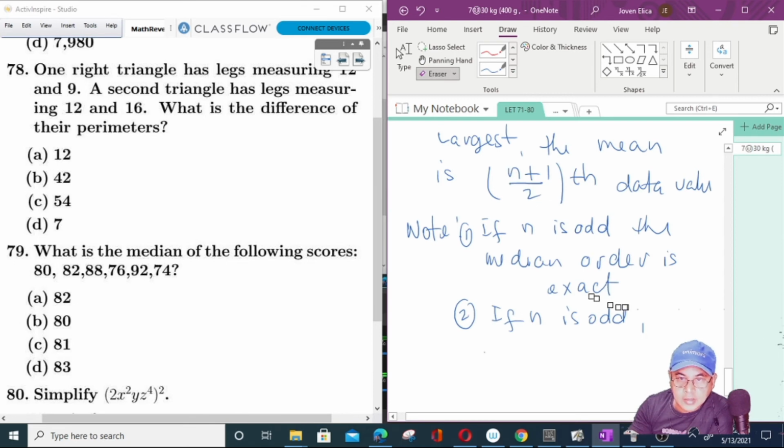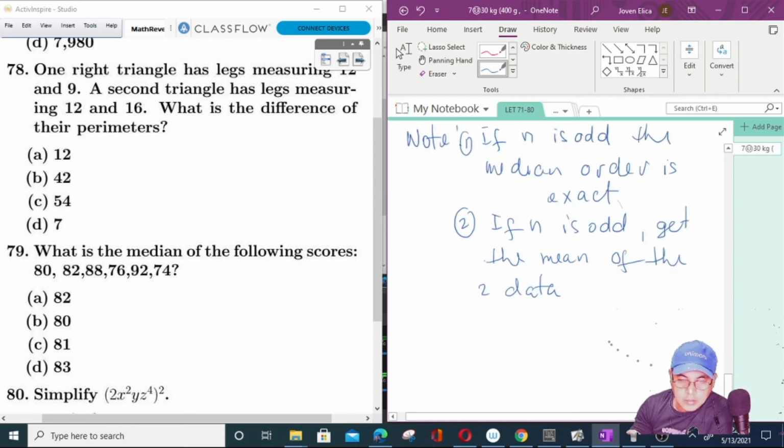If n is odd, you have to remember, you have to get the mean of the two data centered by the median order.